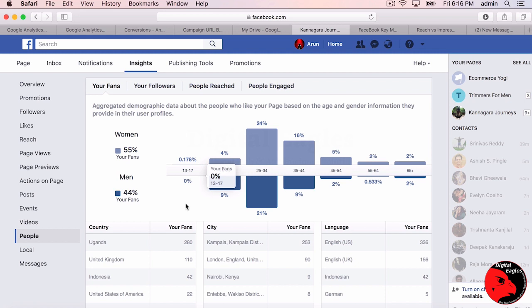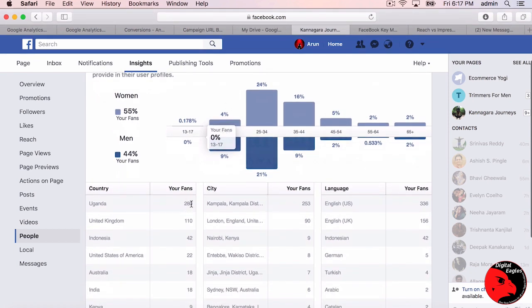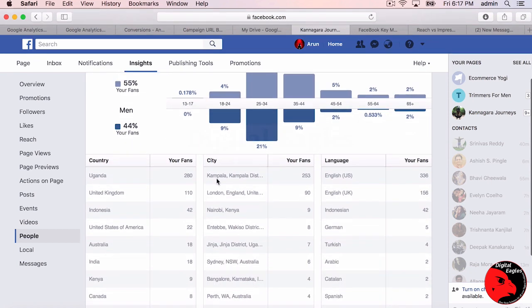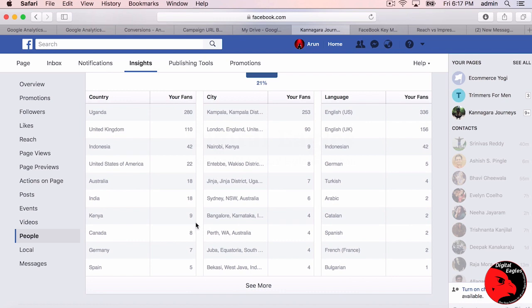If you see that your business prospects are teenagers, if you're selling iOS games to teenagers of age 14 to 18, but if you see that your Facebook demographic says the most number of people are of the age 25 to 34, then there is something you have to change your strategy for. Maybe your ad campaign targeting is wrong, or you're writing in a tone of language which does not appeal to teenagers and millennials. So you might have to think on those lines, and also you have to think about the city, the language, the country.